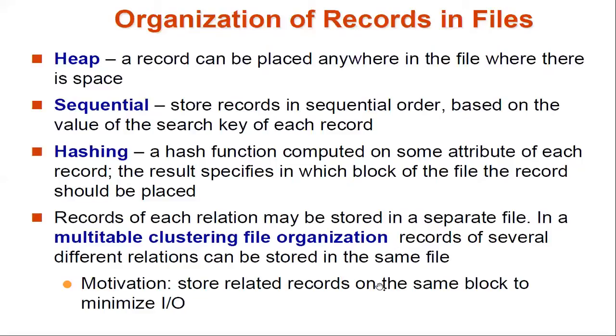The advantage of using this multi-table clustering file organization is that when you have related records in a single location or a single block of your disk, the IO operations can be performed much better. Because whatever data you are going to access, all of it will be available in a single cluster or a single block. Instead of saving the data in multiple blocks, if you have very closely related data in a single block of your disk, you can perform the IO operations effectively, right?